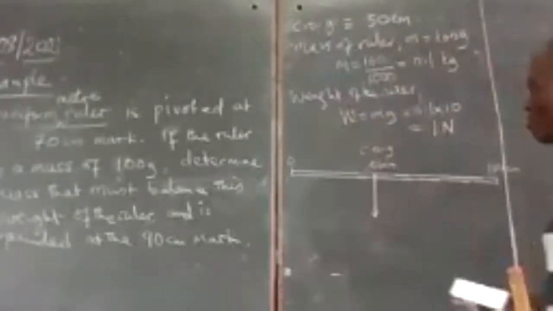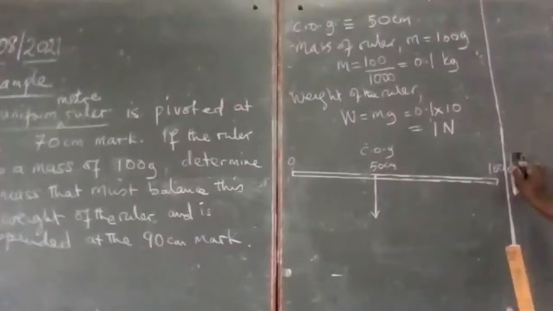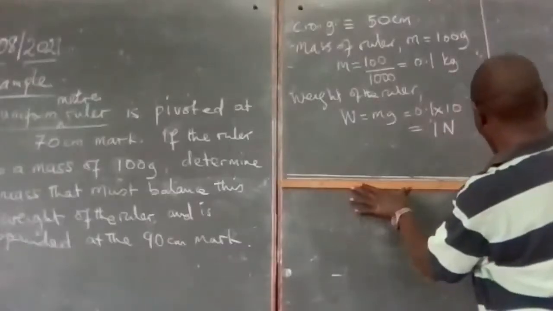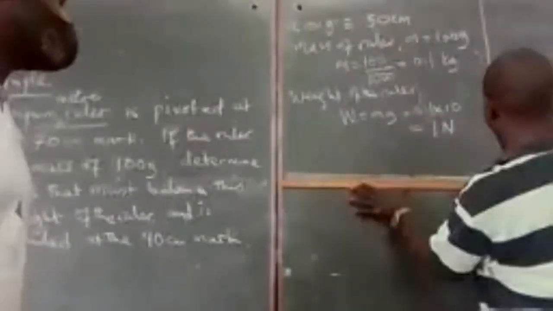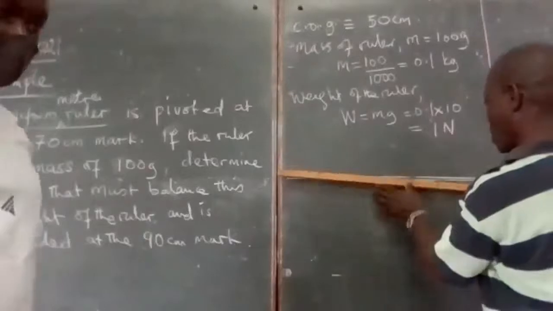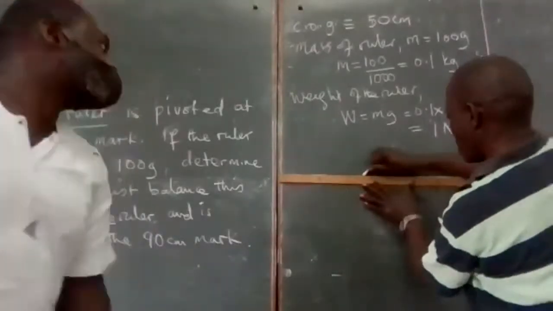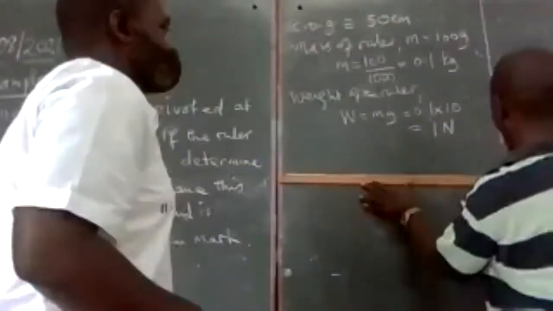The center of gravity is the point of application of the resultant force on a body, where the object's weight is concentrated.